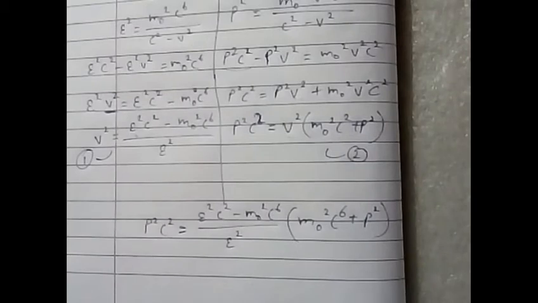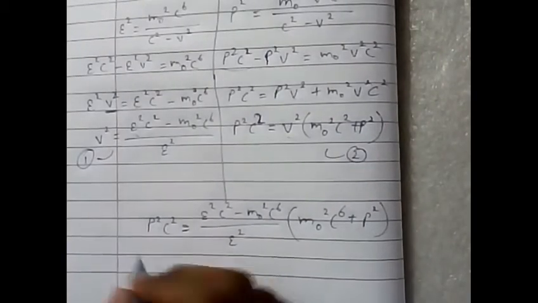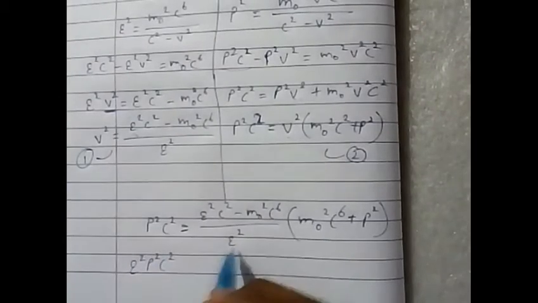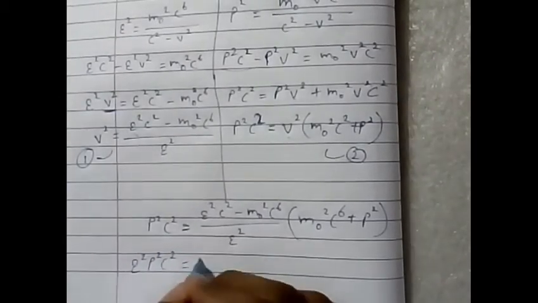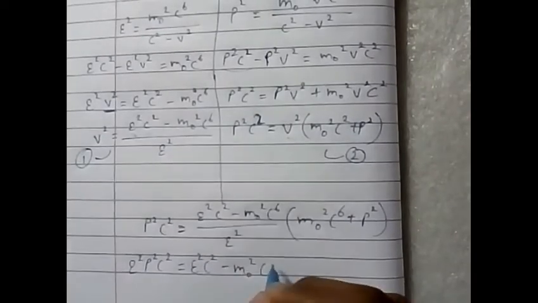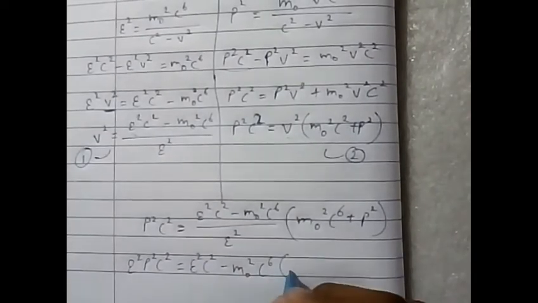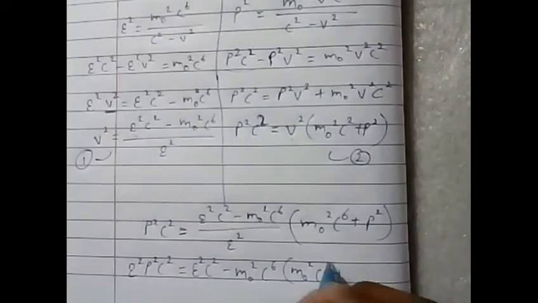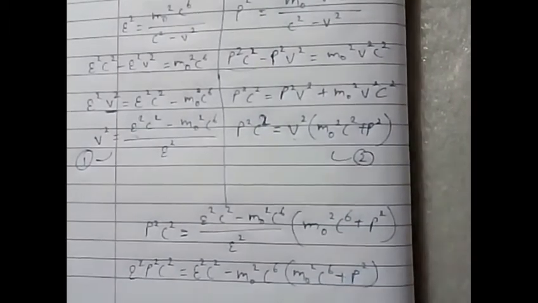And for E squared p squared c squared, we're gonna get E squared c squared minus m naught squared c raised to the power of 6, times m naught squared c squared plus p squared.